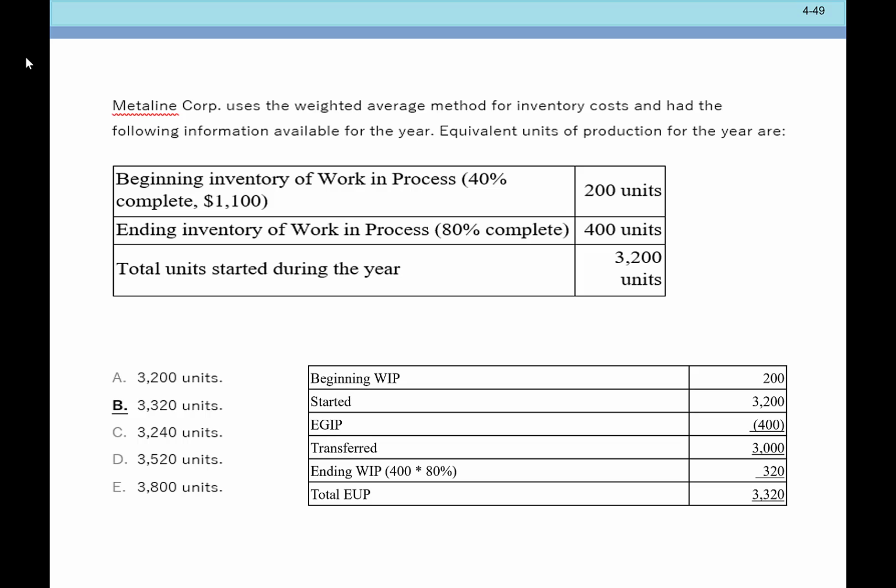And then we subtract out the units started for the period, and then to get the units started and completed, we do what? Units started and completed, we're going to have to take out the ending inventory. That gives me the units transferred, and then I can go ahead and add in the equivalent units.